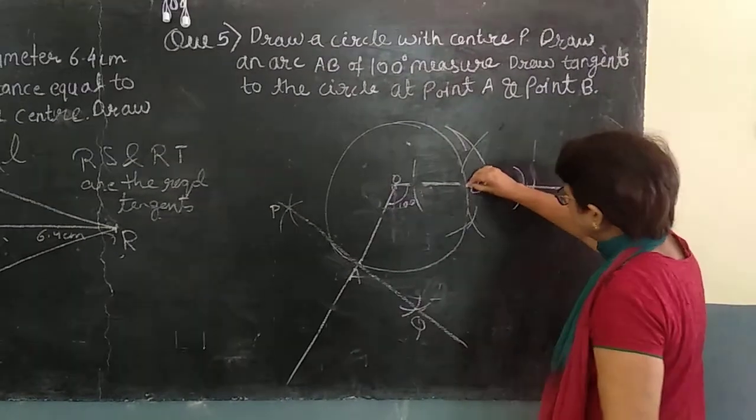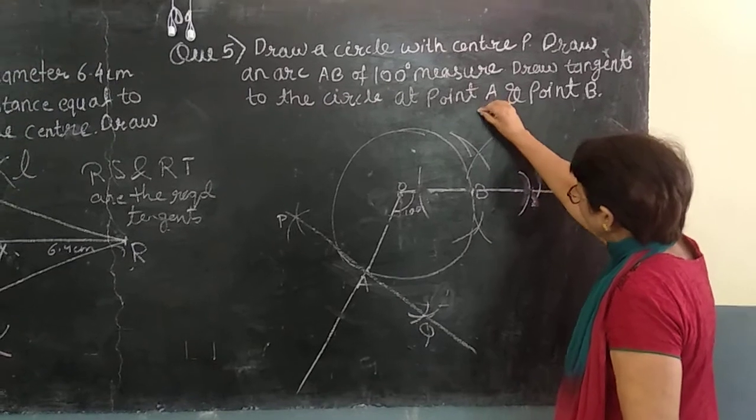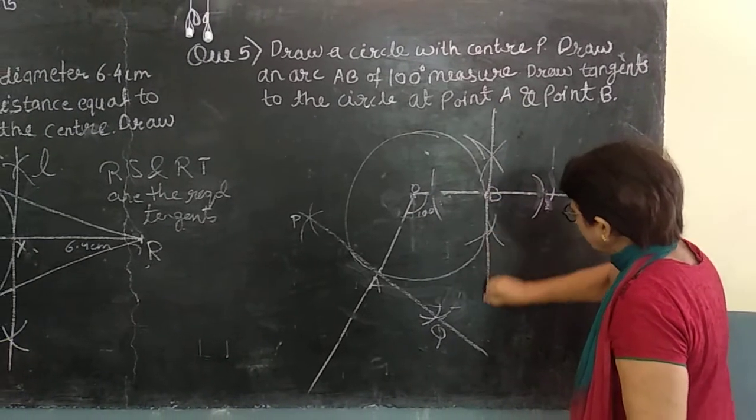Then join these two points, A and B, and you will get your tangent.